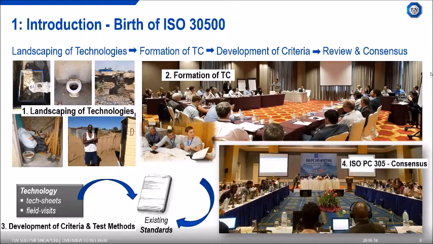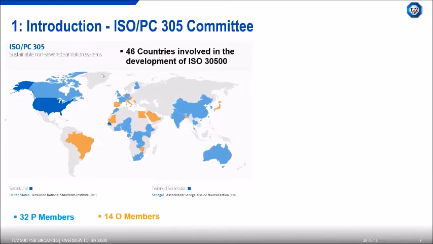And the final stage was taking the standard through the ISO process, and ISO Project Committee 305 was formed. So the last part to get the standard published and approved was the formation of Project Committee PC 305, and 46 countries were involved in the development of ISO 30500, with 32 participating members and 14 observing members.